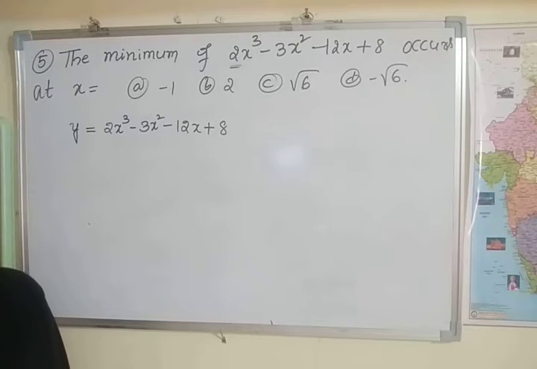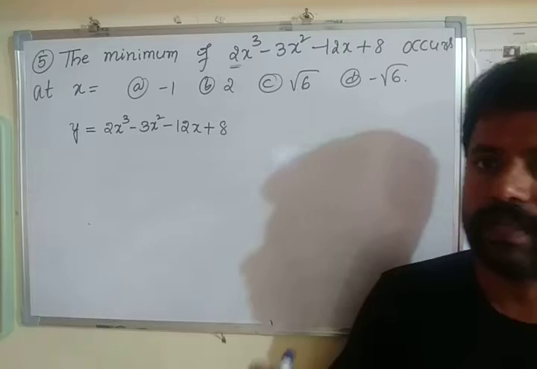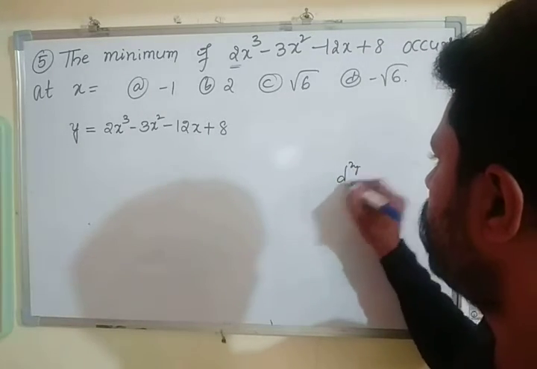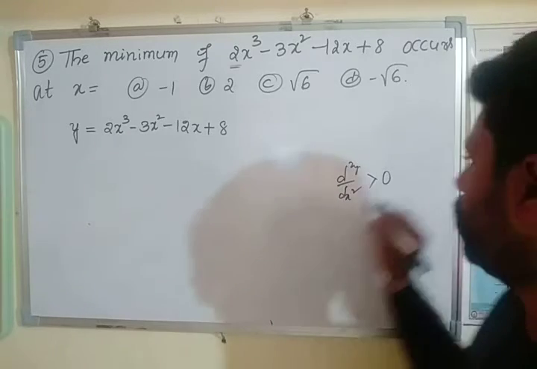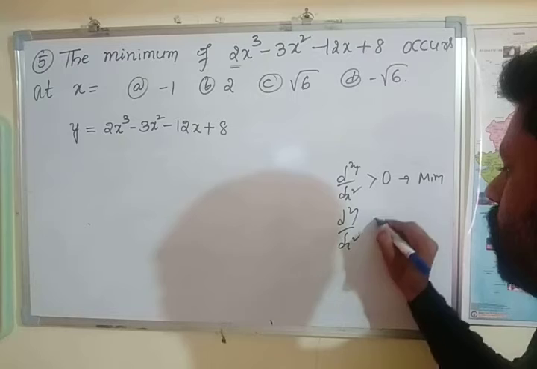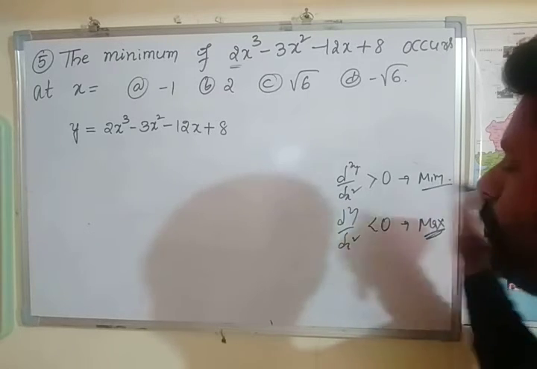Then, suppose we get a quadratic or linear equation, we substitute those points in the second order derivative. If d square y by dx square is greater than 0, we get a minimum value. If d square y by dx square is less than 0, we get a maximum value. This is minima, this is maxima.